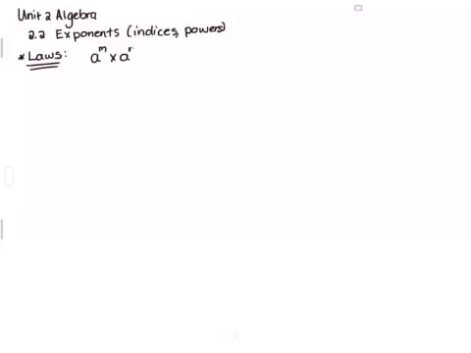So in this case, what you have to notice is that my base numbers are the same and my exponents are different. If the base numbers are the same, I do not multiply them. I keep that same base number and I add the exponents.